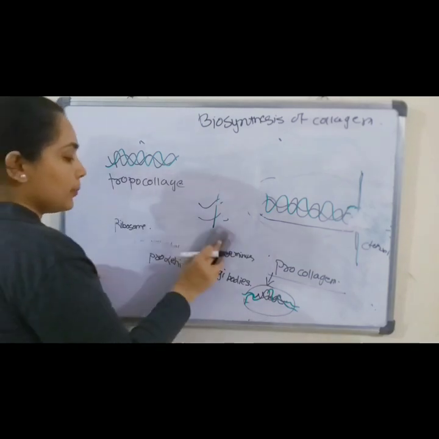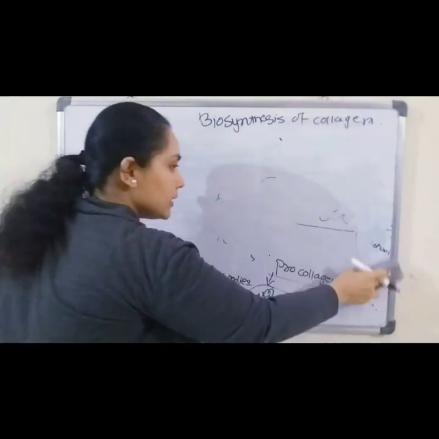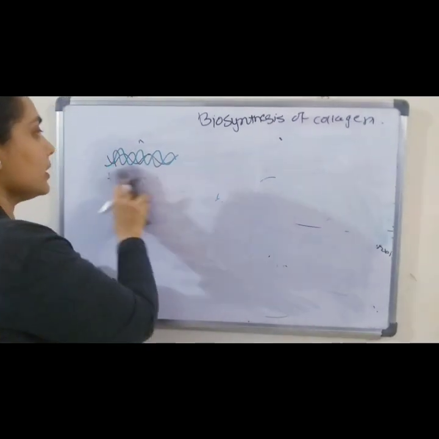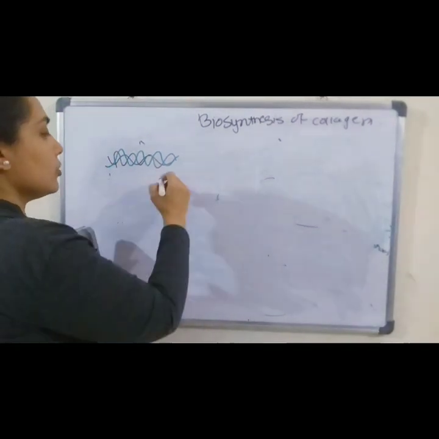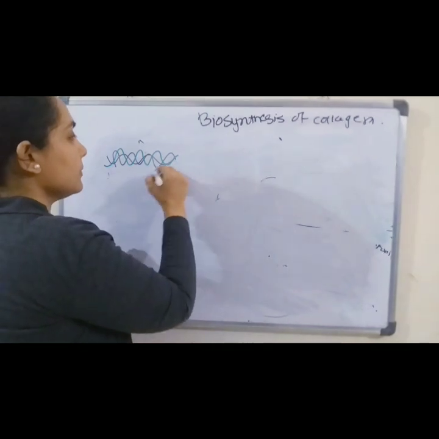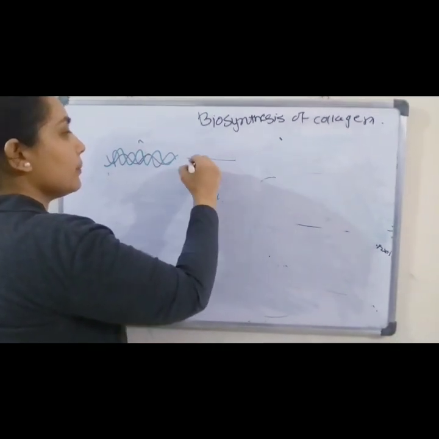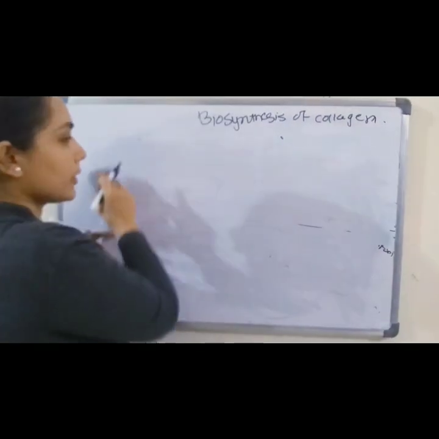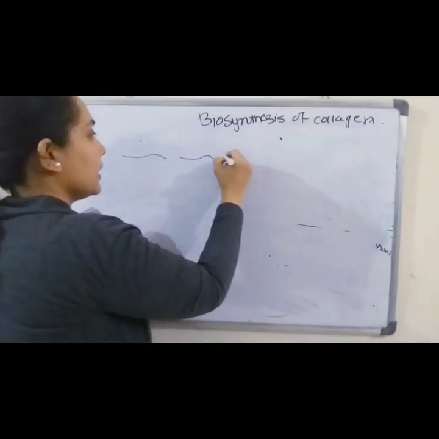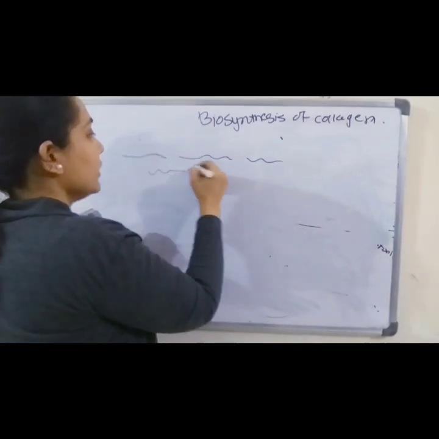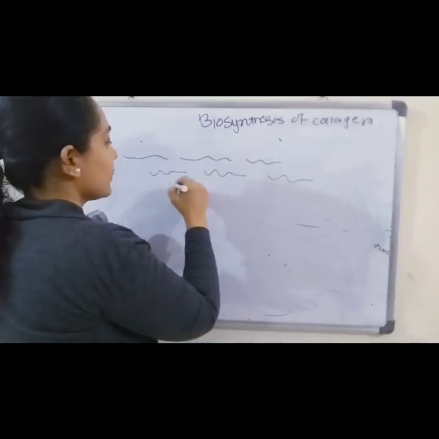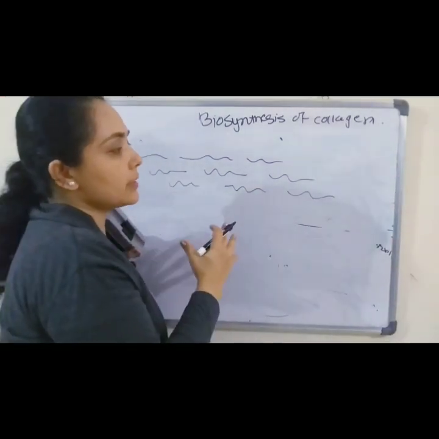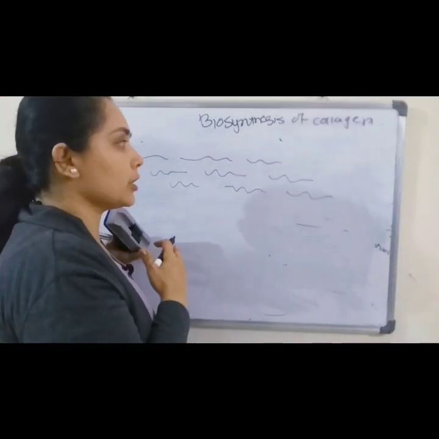As soon as we get this tropocollagen, it will arrange in an ordered, staggered way. Suppose this is one tropocollagen, and there is another here. If we indicate it with just a simple line, one tropocollagen and another will arrange in a staggered way, with the distance being around three-quarters of the adjacent molecule.